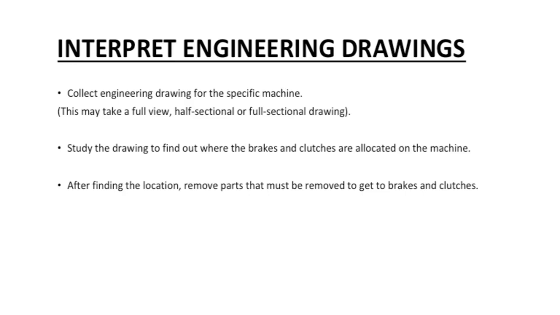How to interpret engineering drawings? You collect the engineering drawing for the specific machine. This may take a full view, a half section, and a full sectional drawing. Study the drawing to find out where the brakes and clutches are located on the machine. That is how you interpret the drawing.